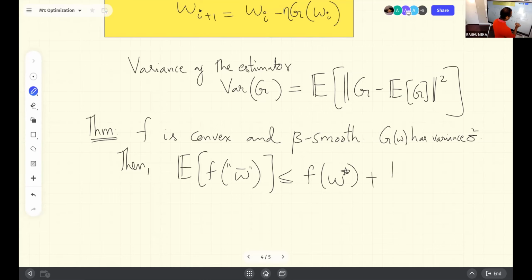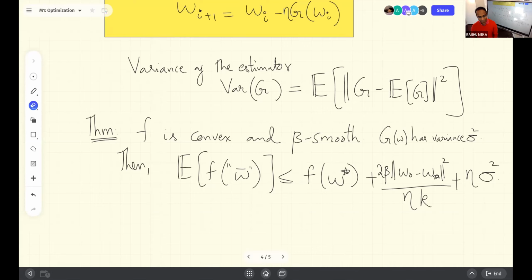Plus, you basically get something like what we had before. Okay, so what this is saying is that stochastic gradient descent also gets you something which is not too bad.